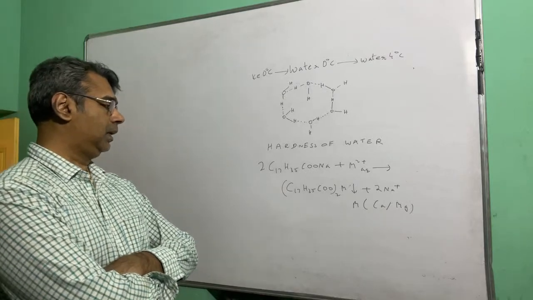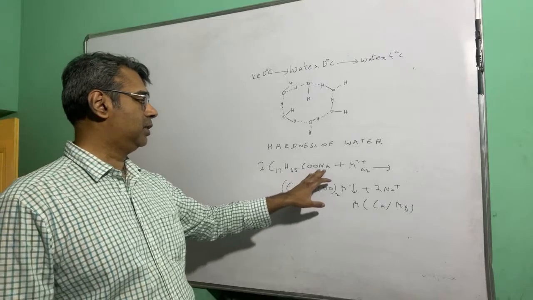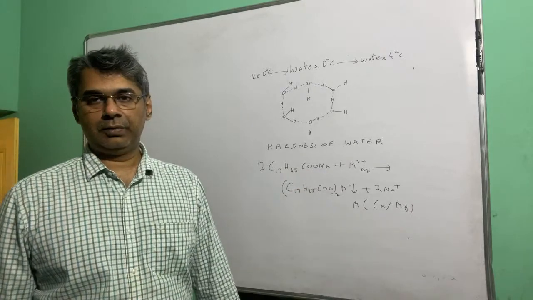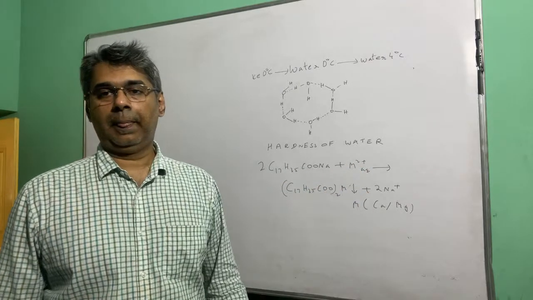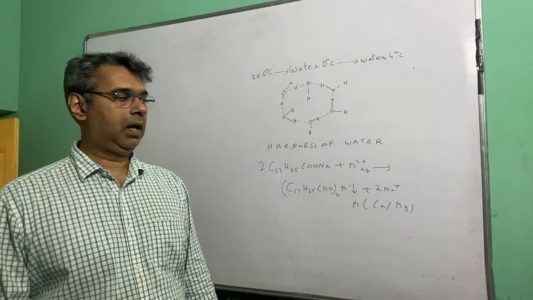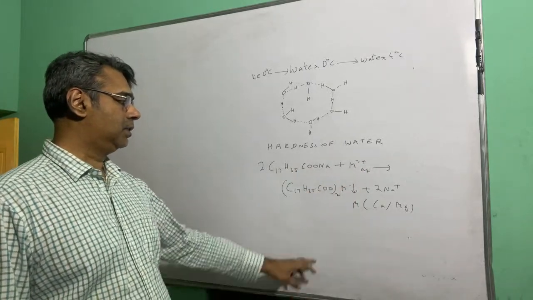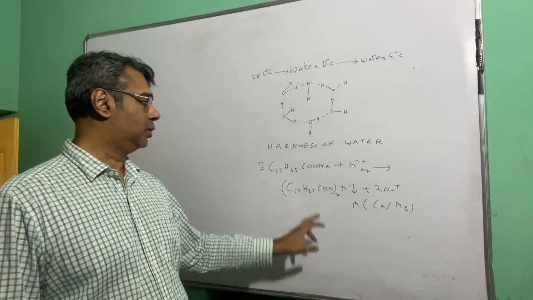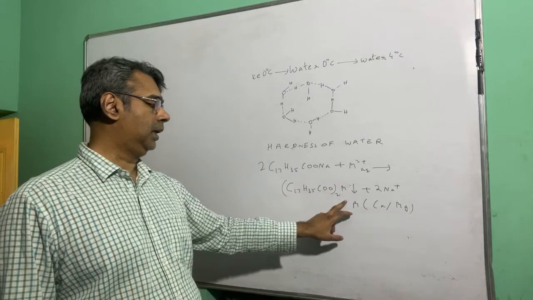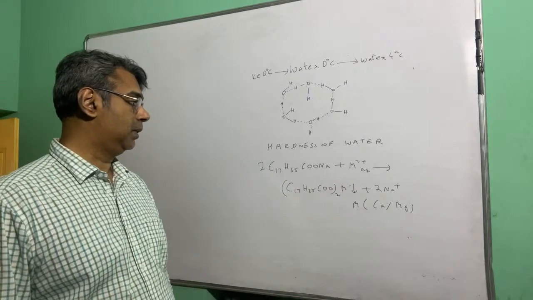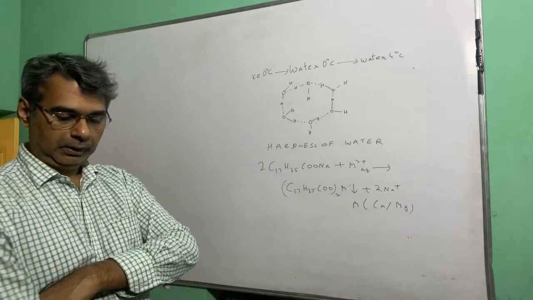This is the formula of soap, C17H35COONa. Soap and the salt present in hard water give a precipitate, where the metal is either calcium or magnesium.